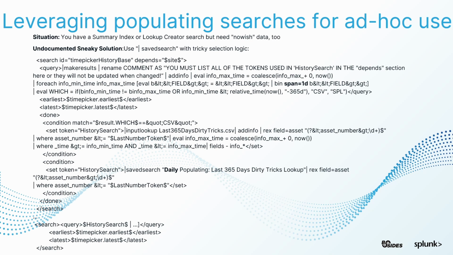So you can see on the line that says set token equals history search, you just reference whatever search you're using to create that summary index or update your lookup, and it will bring that logic in, but apply the time picker from your board to that logic and then display that on your dashboard.